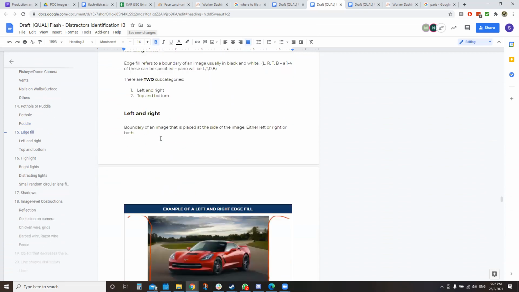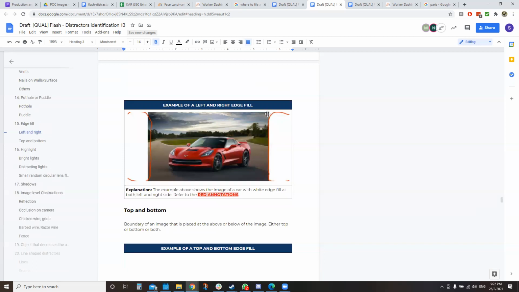Edge fill is something where, this one I need to draw and show you. The full image is like this. This is the whole image.